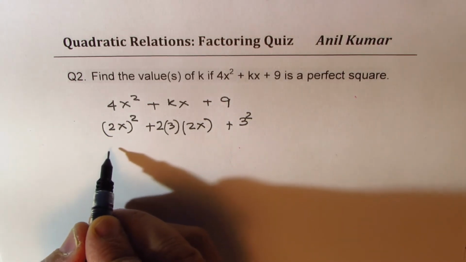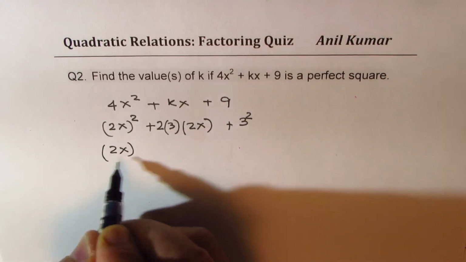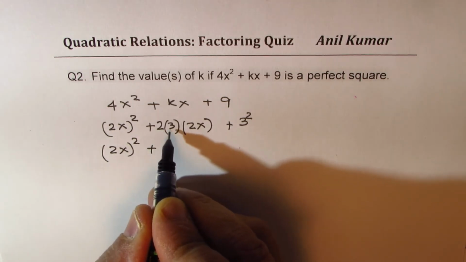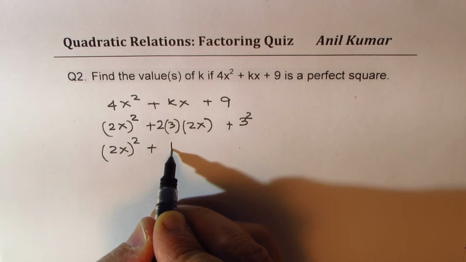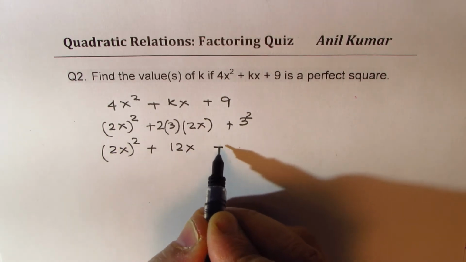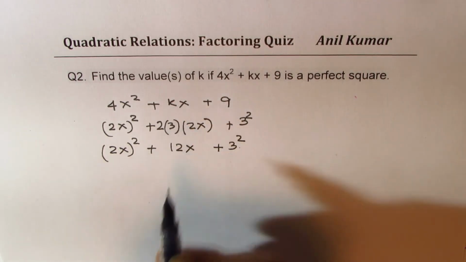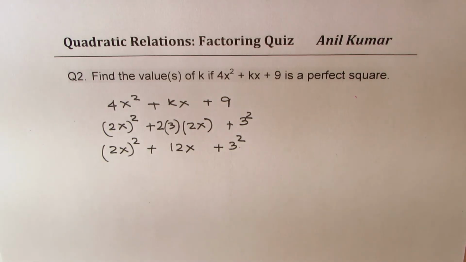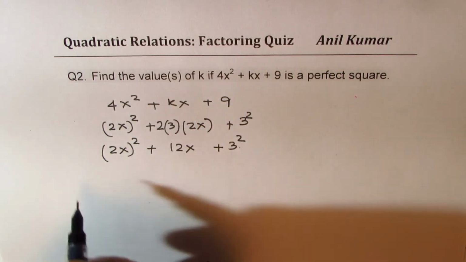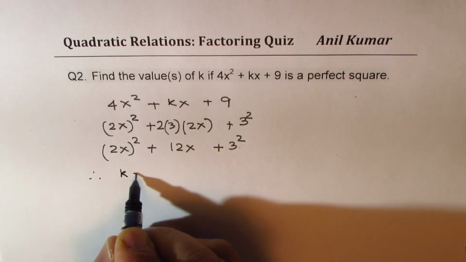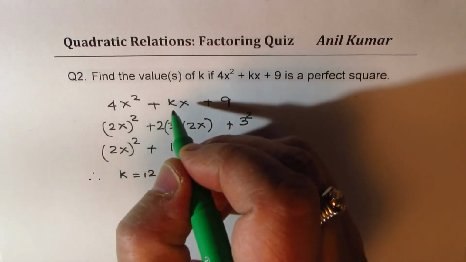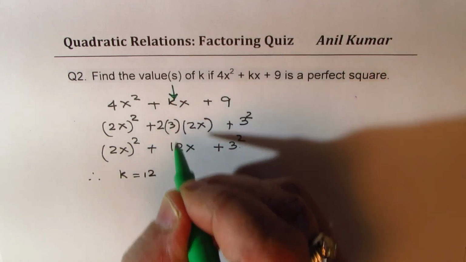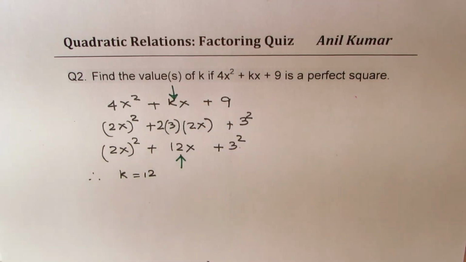That is to say that the center term should be what? 2 times 3 is 6, 6 times 2 is 12x, for (2x plus 3) squared. So by comparing, what do we get? We get the value of k as 12, and therefore k is equal to 12. Right? So this is one way of doing it. We can compare the value of k, which is the coefficient of x, and get our answer.